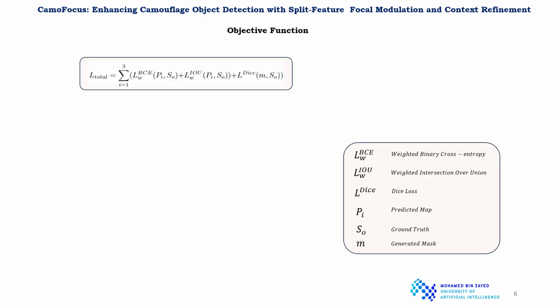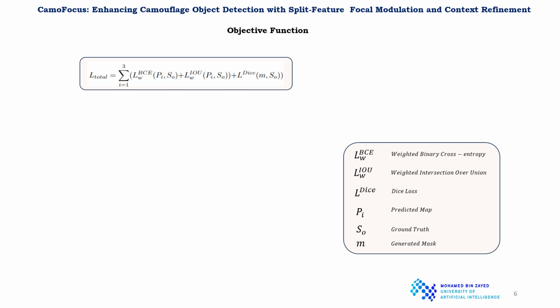Effective function of the proposed technique. We have used the combination of binary cross entropy, intersection over union, and dice loss to train our network. The binary cross entropy and IOU losses are computed based on the predictions from the 3 camouflage object masks generated by the Context Refinement Module.